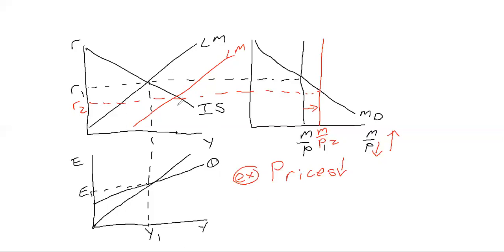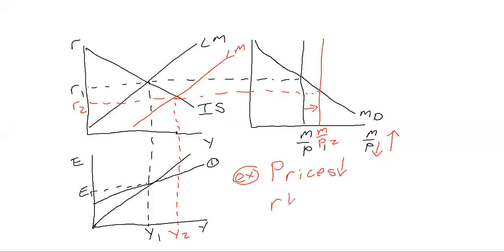But we're still missing an equilibrium in the goods and services market. So what we will see is that output should be to the right if we're in equilibrium. Now, in order to do this, we need to evaluate what makes this expenditure increase.